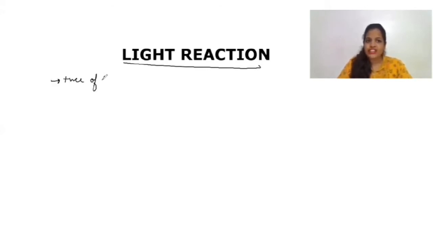Means if light is not there, this light reaction is not possible. Now, dark reaction, the other part of photosynthesis, doesn't mean that it does not require light. It is indirectly dependent on light, whereas this light reaction is directly dependent on the light. Hence, the names are given. Dark reaction can be considered as a misnomer.